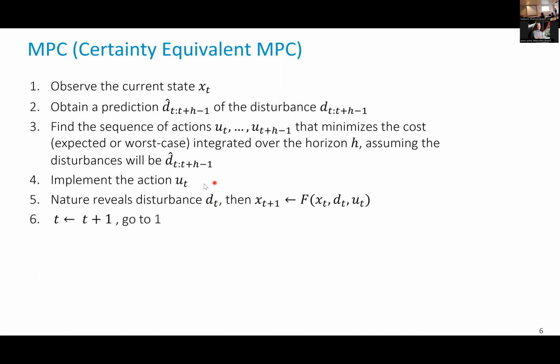In the meantime, the disturbance will be revealed to us: the true value of the outside temperature, or in other cases, the true value of whatever disturbance has an effect. And we measure. So if the model is exactly correct, then x_{t+1} will be equal to the prediction. We measure x_{t+1}, and then we go back to the first step, and we do it forever.